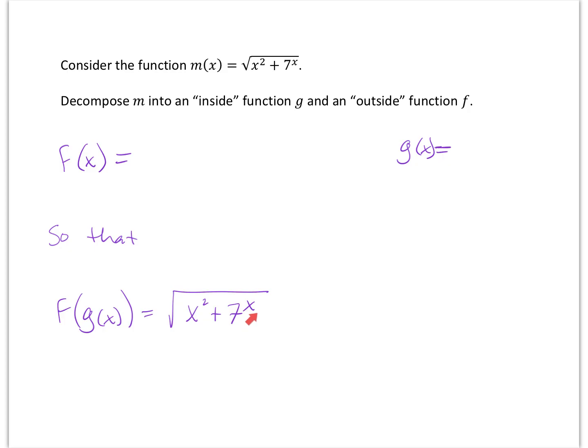So my inside function is going to be x squared plus 7 to the x. That's inside the square root. So we're going to call that g. And then my outside function is the square root, and we're just going to call that square root x. So that when I compose these two, when I take the formula for g and plug it into f, I'm going to get the composition, radical x squared plus 7 to the x.